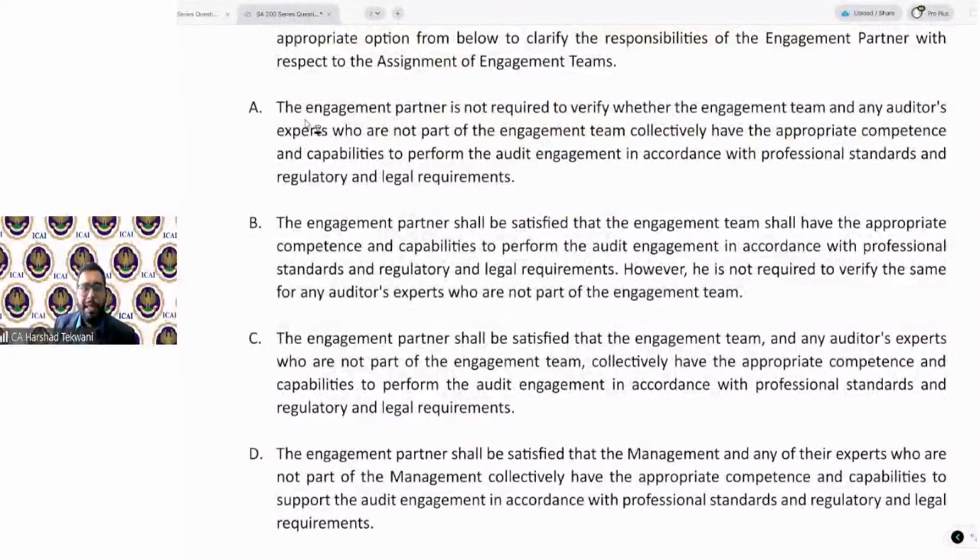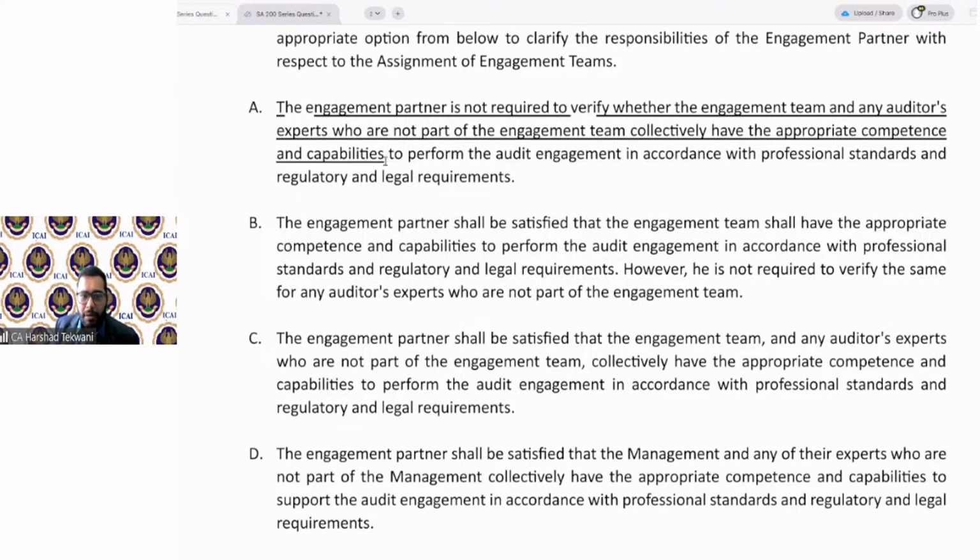Option number 1, the engagement partner is not required to verify whether the engagement team and any auditor expert who are not part of the engagement team collectively have the appropriate competency and capability to perform the audit. Second, the engagement partner shall be satisfied that the engagement team shall have the appropriate competency and capability to perform the audit engagement.